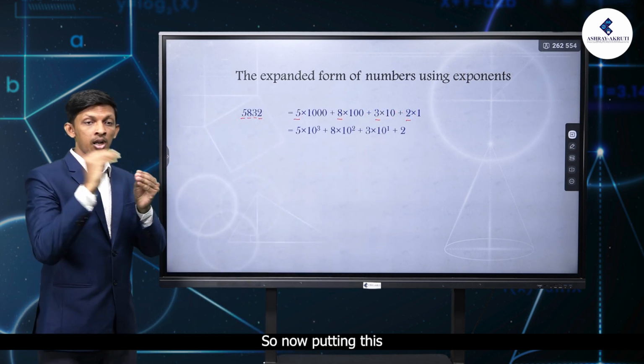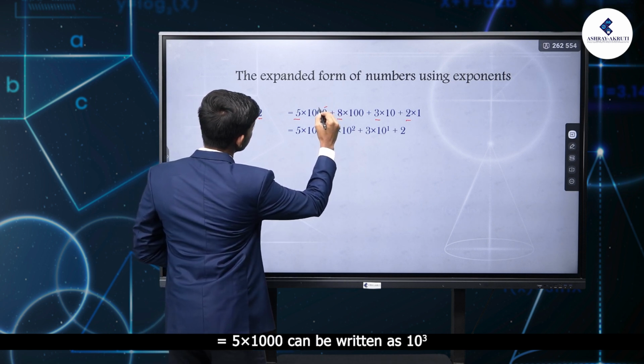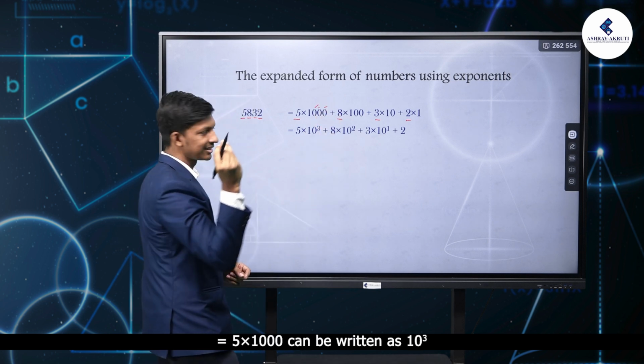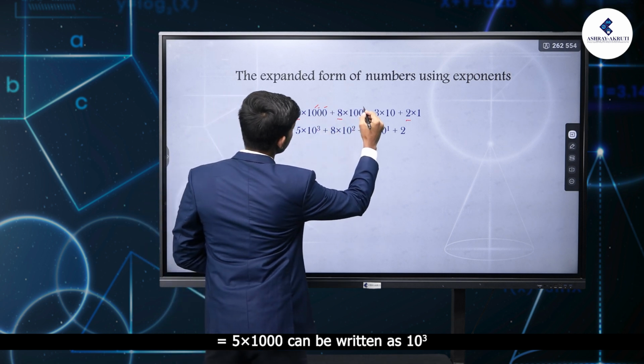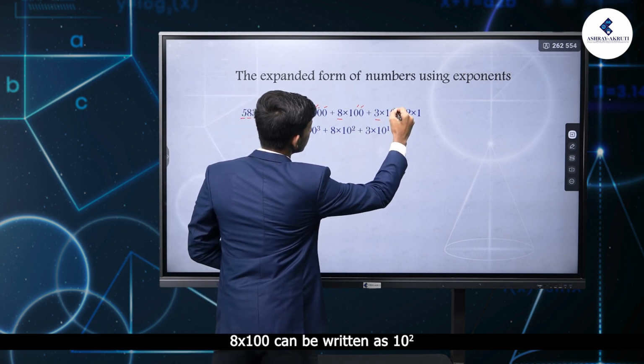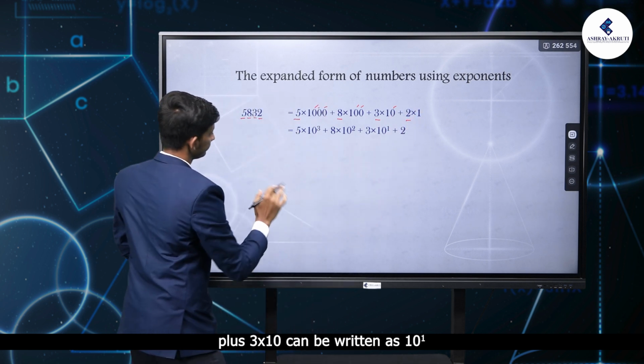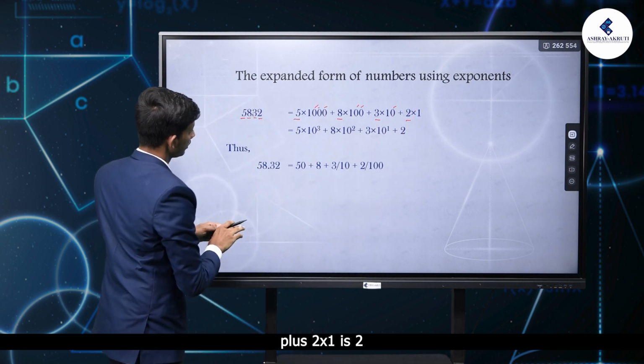So now, putting this in an exponential form, 5 into 1000 can be written as 5 into 10 to the power of 3, 8 into 100 can be written as 8 into 10 to the power of 2, plus 3 into 10 is written as 3 into 10 to the power of 1, plus 2 into 1 is 2.